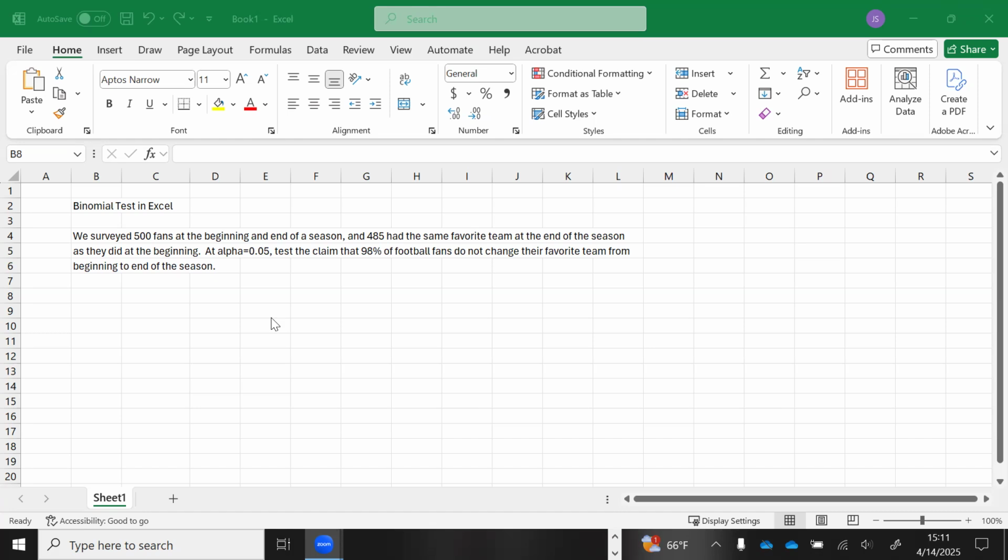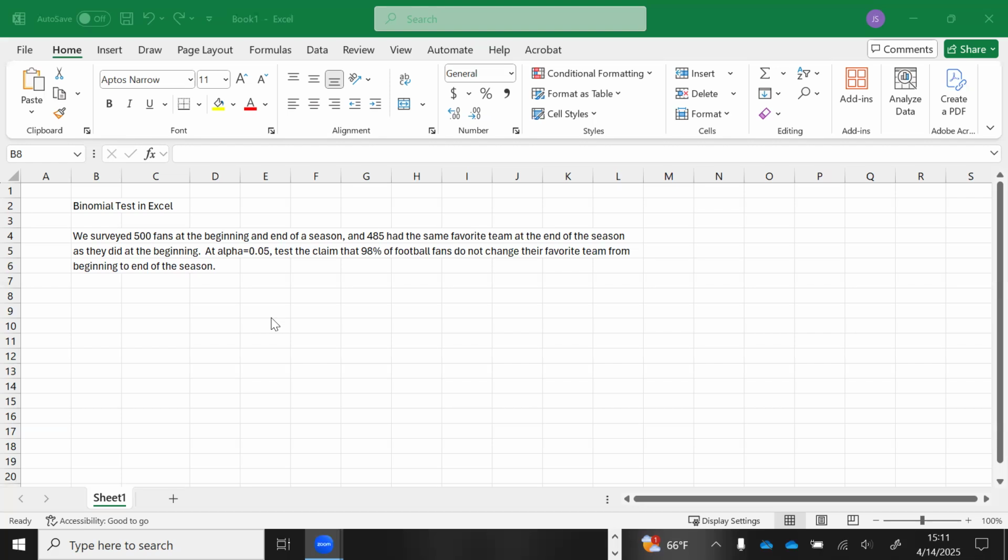So binomial tests, we have two outcomes, success and failure, and we have some predicted probability for the success. Just for an example, we're going to say that we think that regardless of how the season goes, 98% of football fans don't change their favorite team from the beginning to the end of a season.